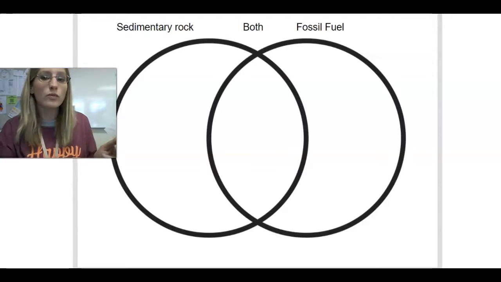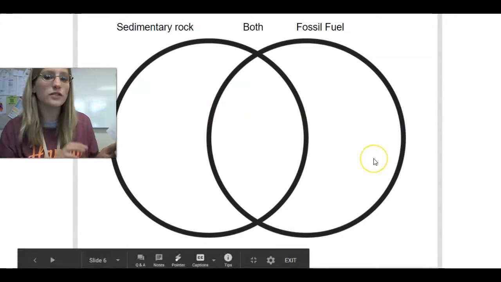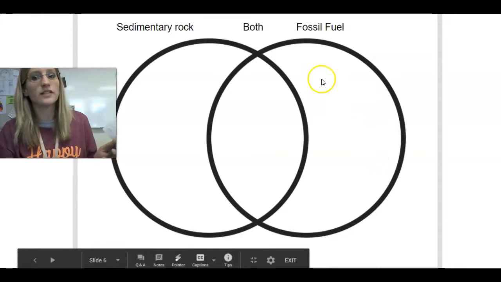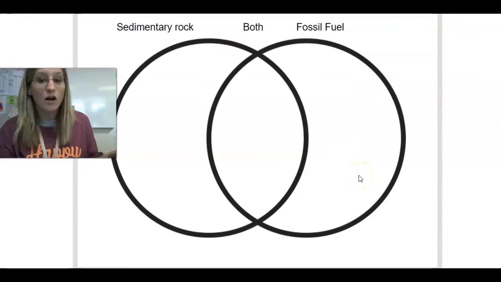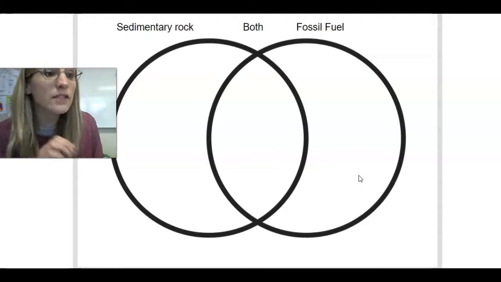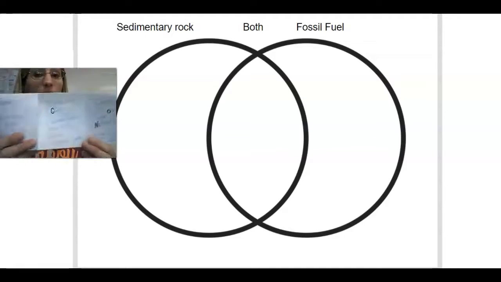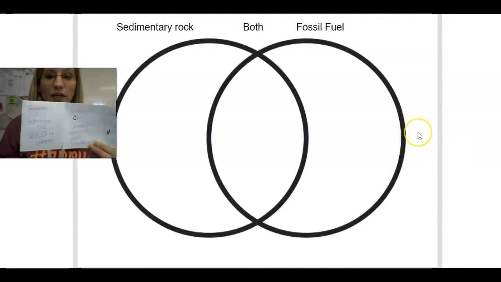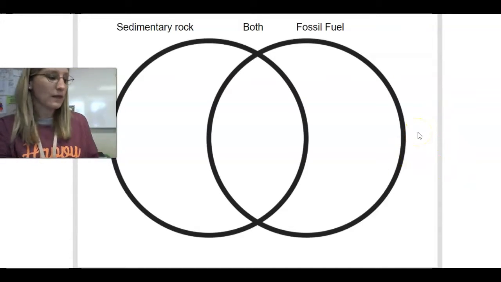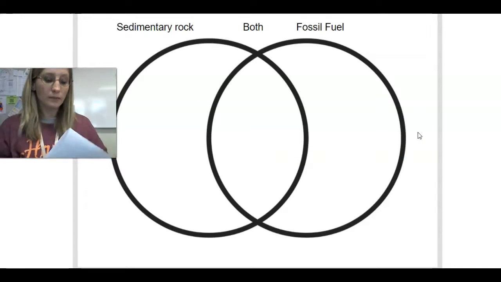Good. And then, so how are fossil fuels different? You could have said that there's coal, and there's oil and natural gas. They're all made out of organic matter. So organic matter, which is plants and animals. You should have written that down, plants and animals. They're both non-renewable.